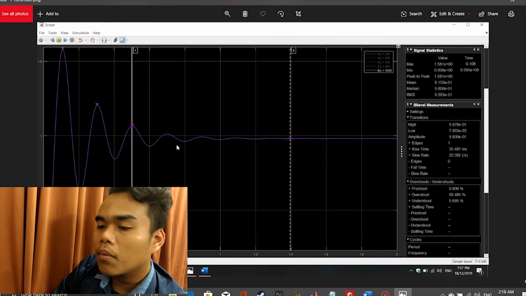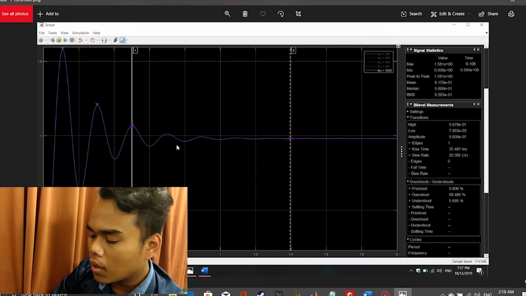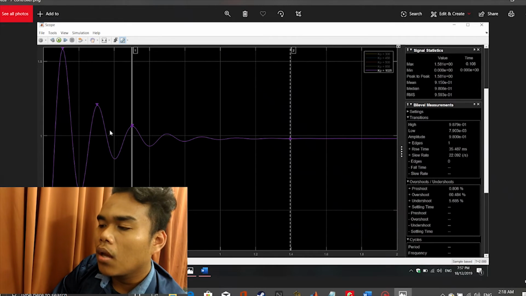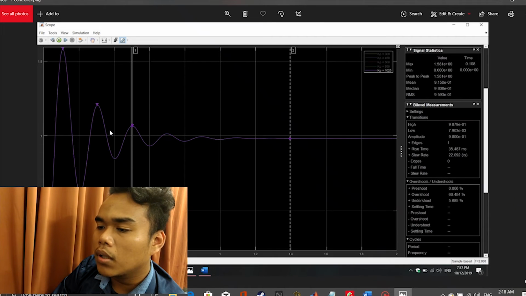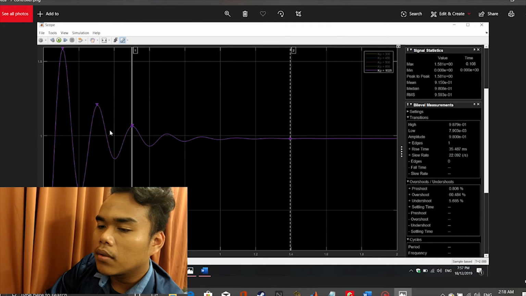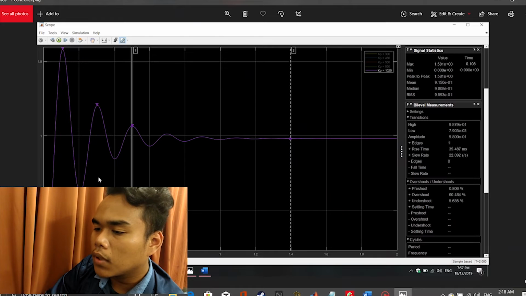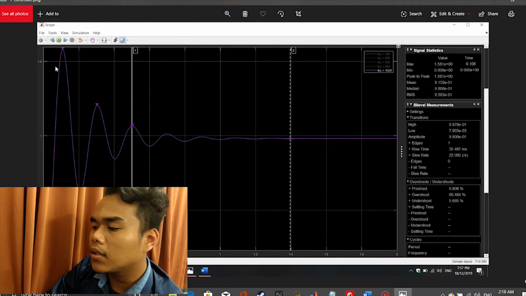Now I'm going to compare with the KP graph. Before I put the KD value into the KP, the graph has a high overshoot of 60%.